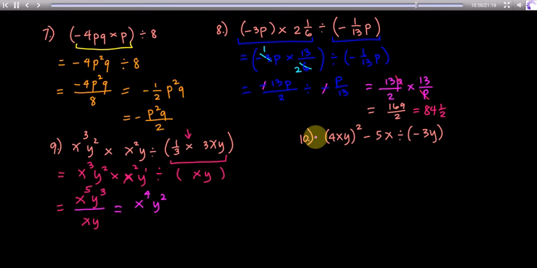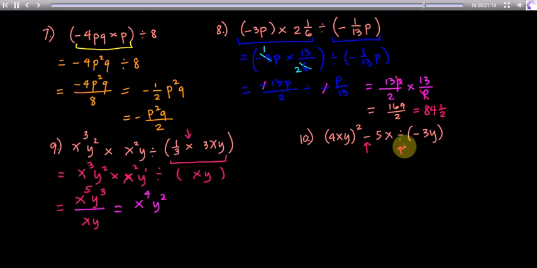Alright, let's proceed to the last number, number 10. 4xy squared minus 5x divided by the quantity of negative 3y. So again, we're having two operations here: this minus and divide.